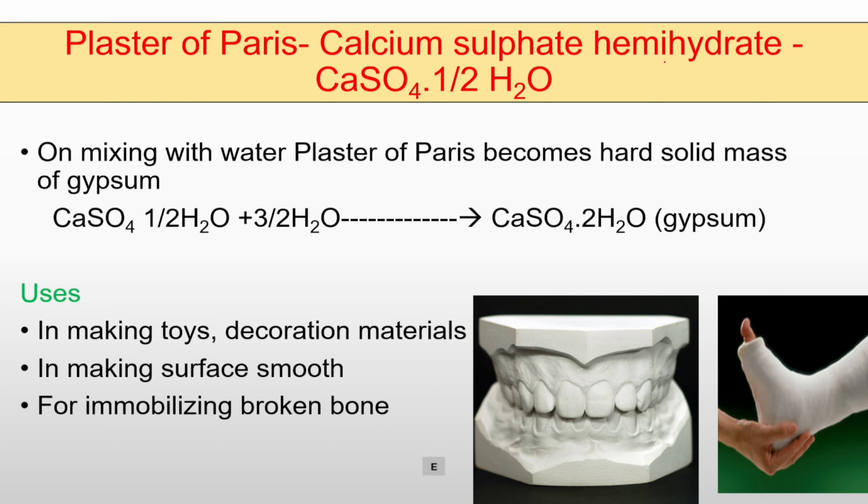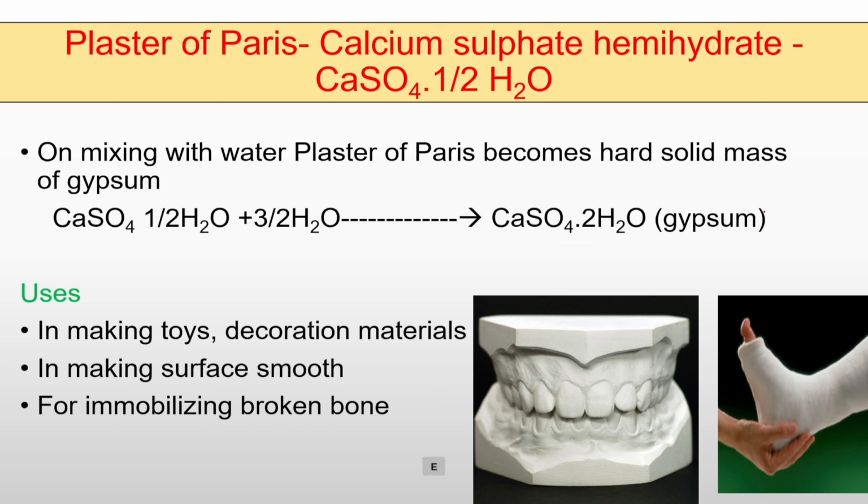Calcium sulfate hemihydrate. Hemi means 1 by 2, so 1 by 2 H2O is called plaster of Paris. But when this CaSO4 dot half H2O mixes with 1 and a half, that is 1.5 H2O, it becomes full 2H2O, and this 2H2O is called gypsum.